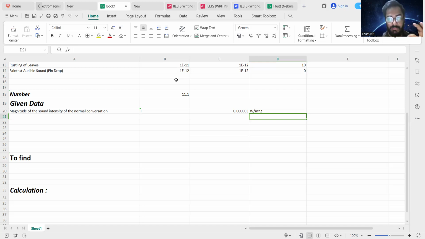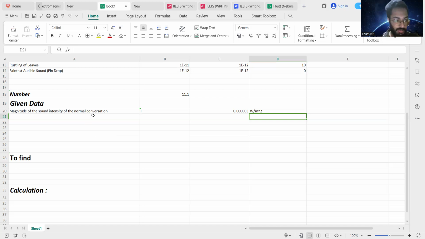Keep this hint in mind while solving the numericals of Weber-Fechner's law. Here the examiner uses the word level, so we have to find the sound intensity level.